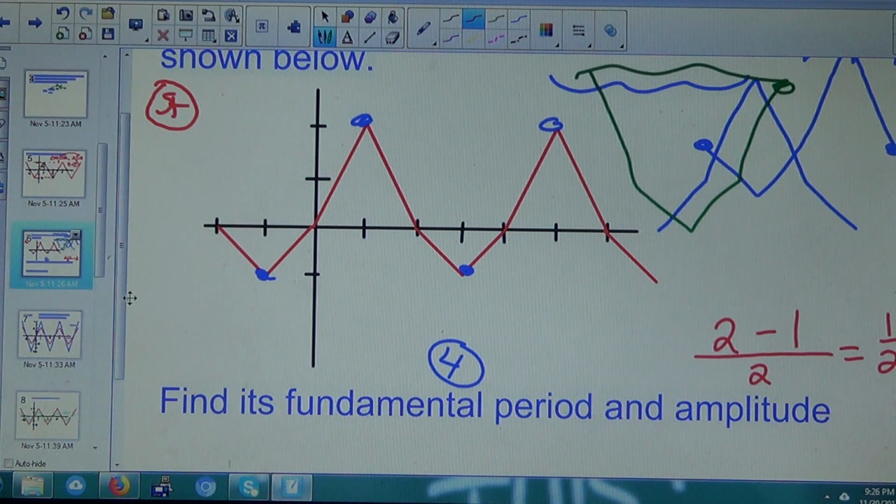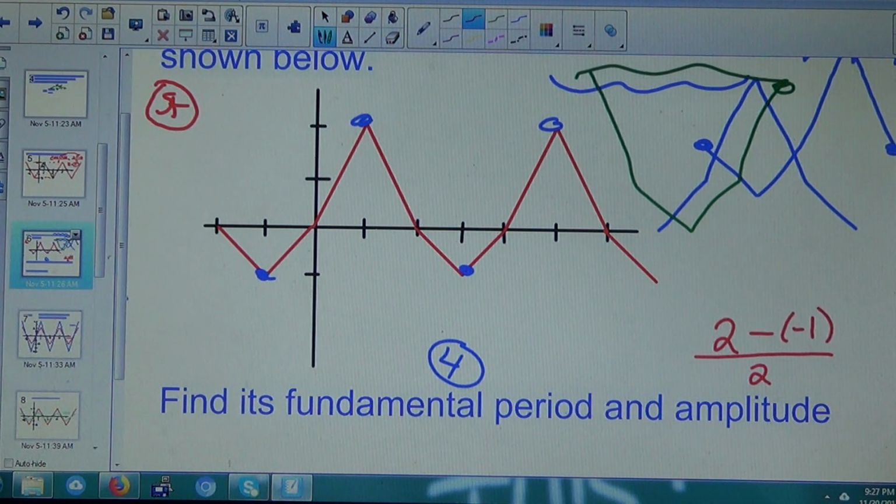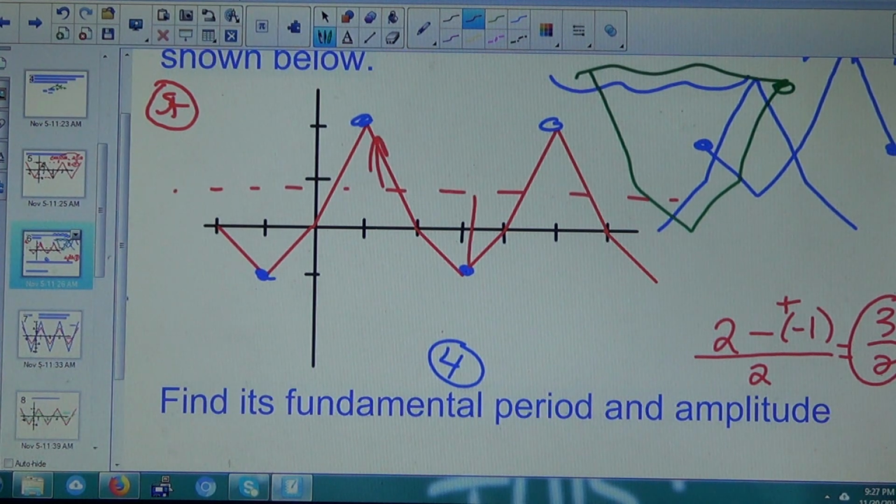Oh man, can I not make a mistake here? What's the formula? It's max minus the minimum divided by 2. So that now turns into a plus, which means it's 3/2. So if you found the middle area, somewhere out here, it would go up 3/2 and it would go down 3/2, and that is the amplitude.